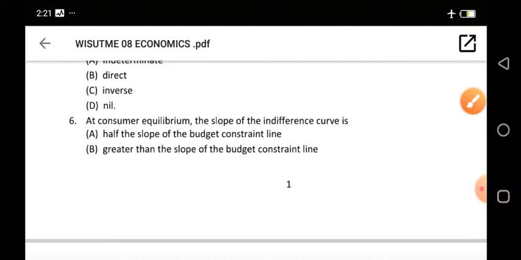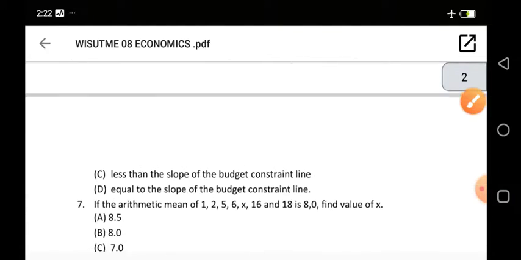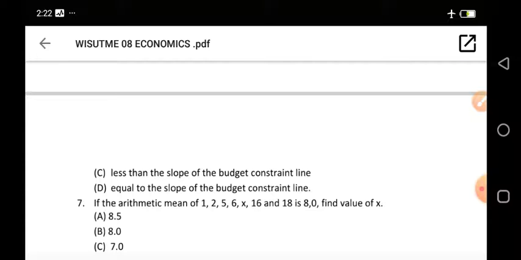The answer to that question is D, equal to the slope of the budget constraint line. So when the indifference curve meets the budget line, that is the point of equilibrium. You can do more research yourself from your textbooks. You'll be able to get more explanation on that.